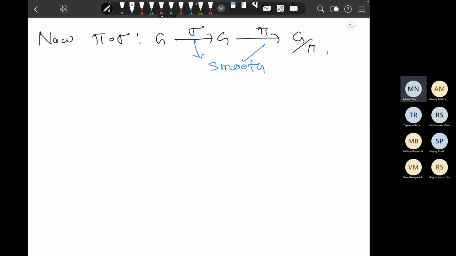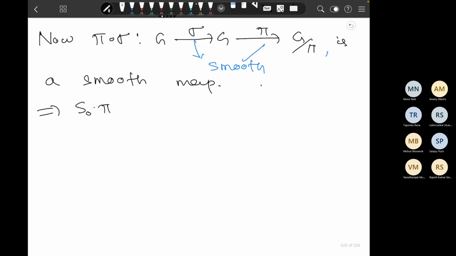So it is a smooth map. Hence this will imply that S_o composition pi from G to G/H is smooth.